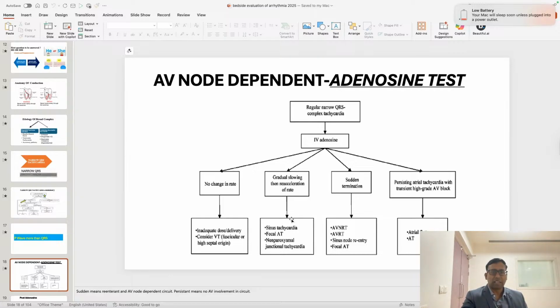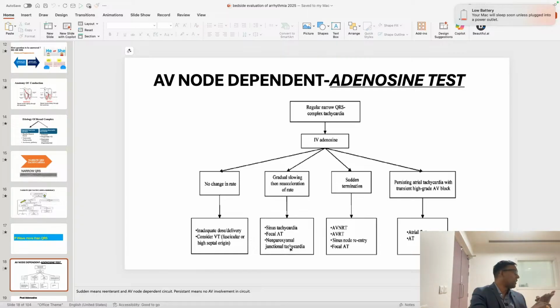So sinus tachycardia, focal tachycardia, non-paroxysmal junctional tachycardia. It can originate from the SA node, it can originate from the atrium, it can originate from the AV node. All these three have a behavior that when you give adenosine, and they are automatic, meaning mostly all the time firing, it is suppressed and then again starts beating.